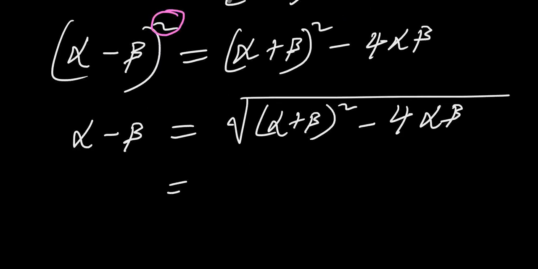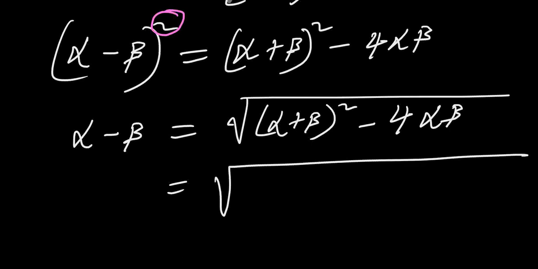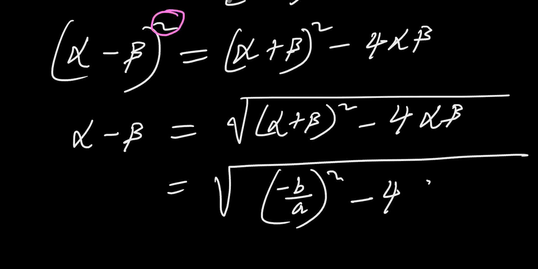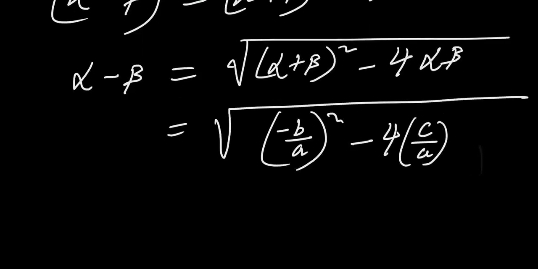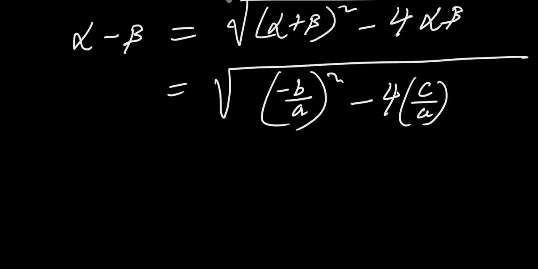Now recall that sum of root is negative b over a. Square this, and product of root is c over a. Put this in parentheses. From the given equation, a is equals 3, b is equal negative 4, and c is equal negative 1.